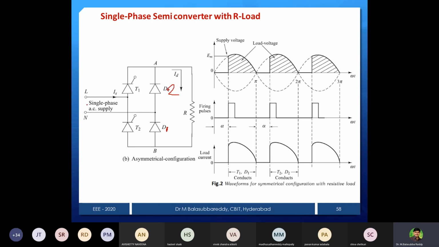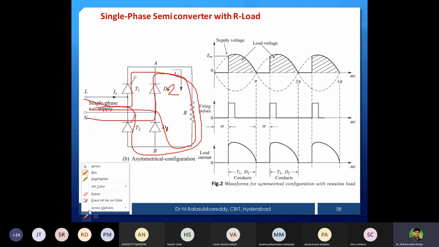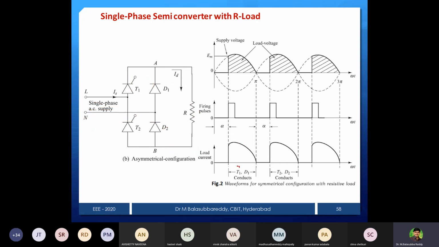So now for the conduction, T1 goes through D1 to the output, or if you start with D2, it goes to the output. Whatever the case, T1 conducts only once here, and T2 once here. So this total duration is counted by T1, and D1 also conducts only for this duration, and D2 only for this duration.